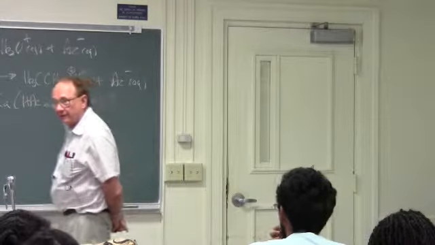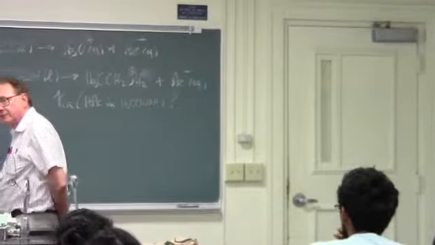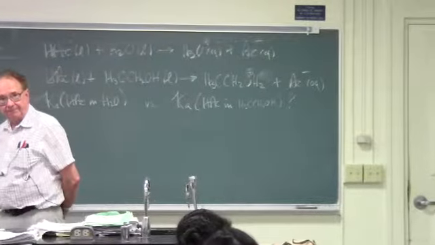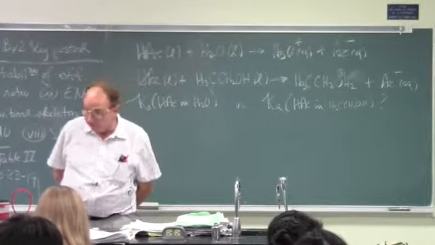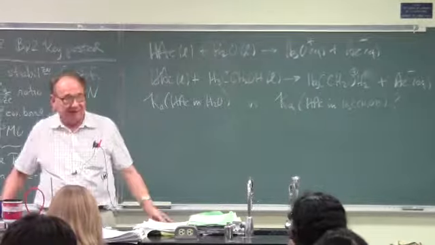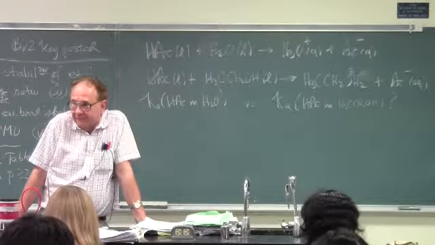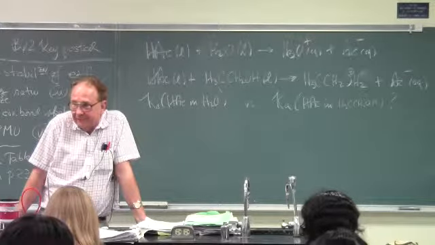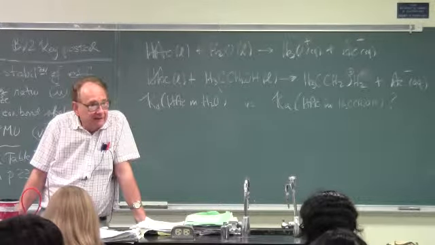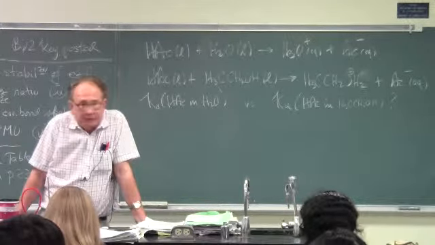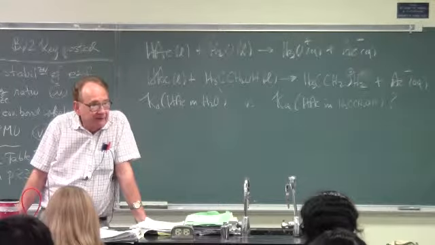Are sodium ions and chloride ions solvated in water solution? I'm seeing heads go like this. Well, what's it mean? What does it mean to say that sodium ions and chloride ions are solvated in water solution, when sodium chloride solution is made, with water being the solvent?